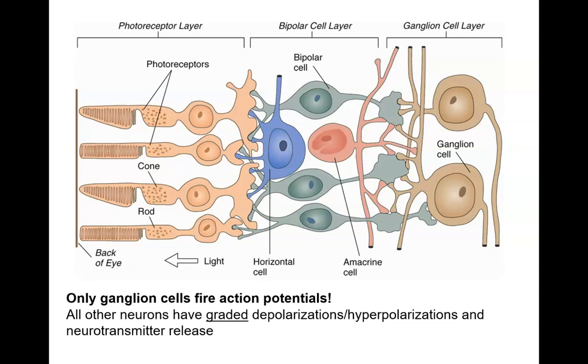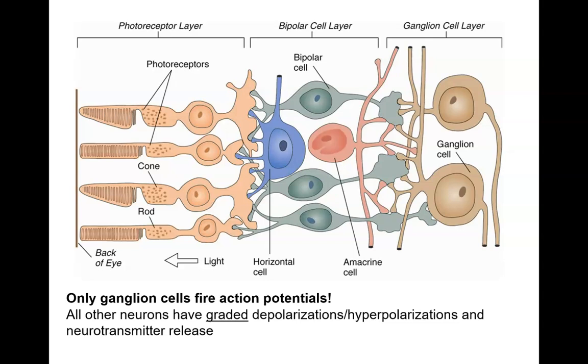Now, this is kind of different from the neurons that we've talked about in class already, where we actually fire action potentials and they're critical for neurotransmitter release. But in the retina, all cells are going to release glutamate in proportion to the strength of that graded potential. So the stronger the stimulus, the greater glutamate release we're going to get.